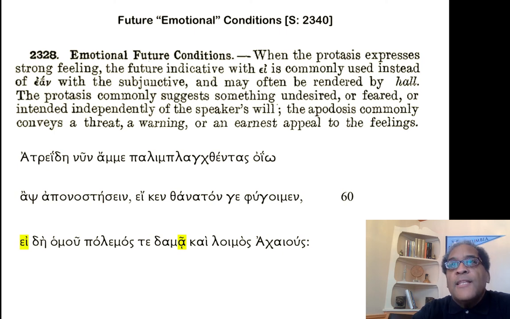So, as I said, Smyth covers these conditional clauses over 20 pages, so there are a lot of curves and turns in this, and we see them here, but this is as straightforward as anything in Greek can be when we get to this depth of the grammar.